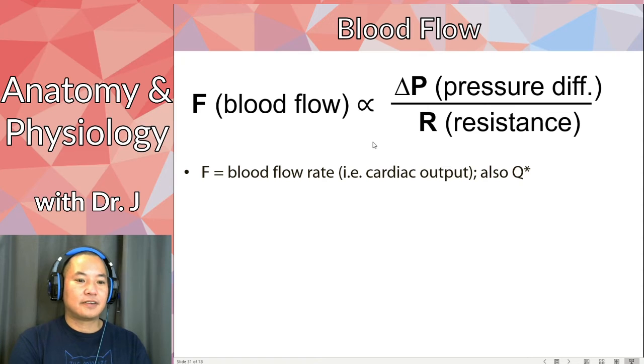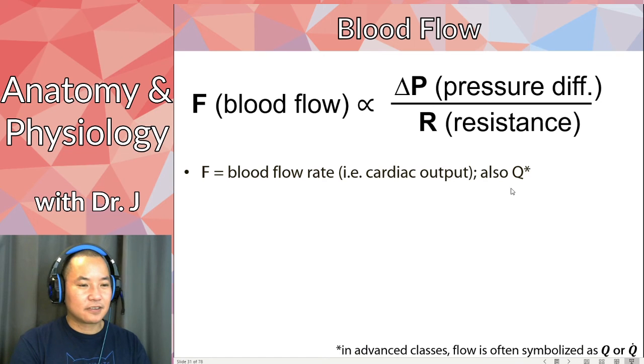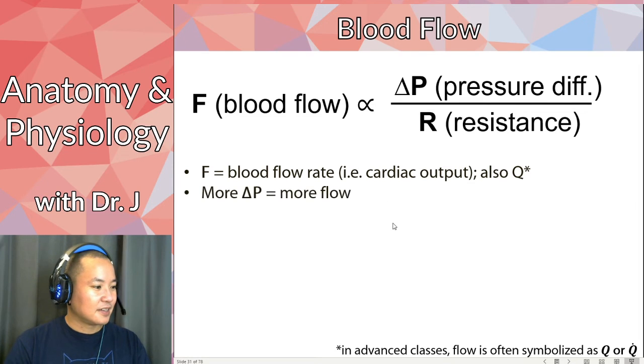Okay, so more about the F. Also sometimes called Q, especially if you're going to advanced classes or the medical field, there's a concept that you'll have to know called VQ matching. So when you see Q used in medical physiology, it's typically talking about blood flow. Again, with that proportionality, as you have more pressure, that's going to cause more flow.